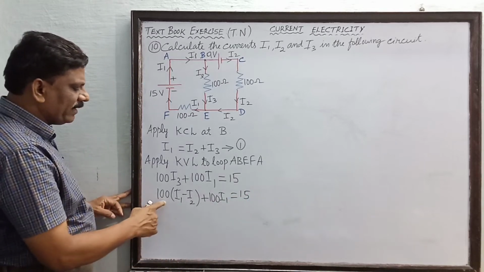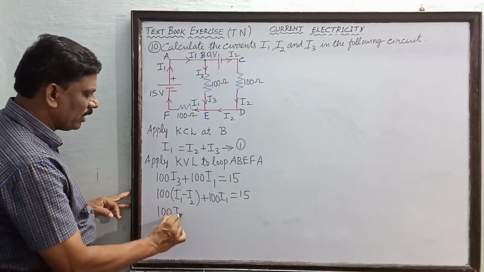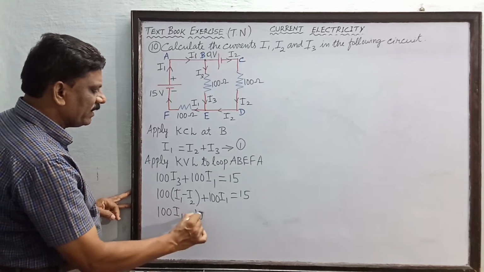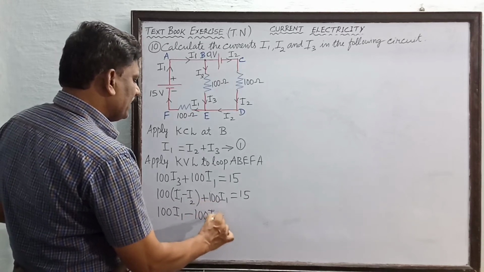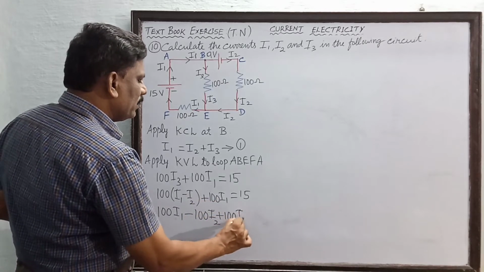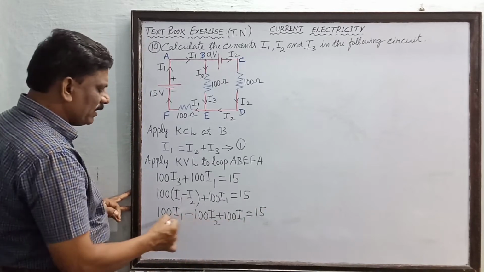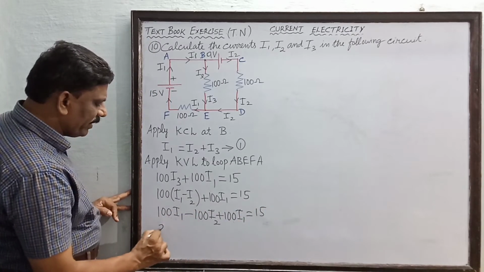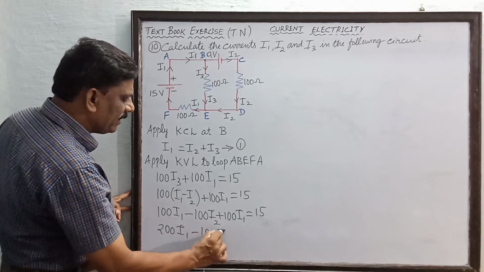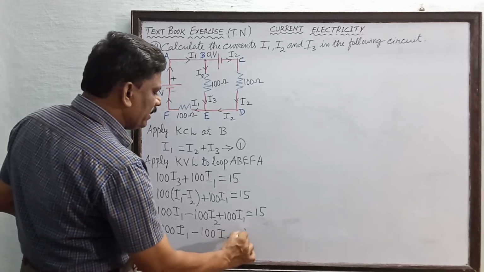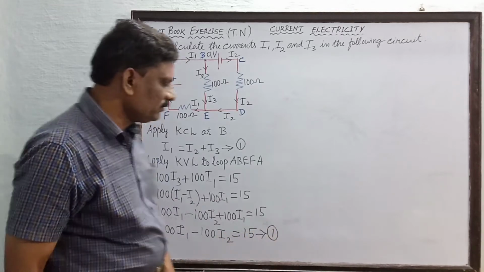So open the bracket, it is 100 into I1 minus 100 into I2, plus 100 into I1 is equal to 15. So 100 I1 plus 100 I1 will become 200 I1 minus 100 I2, and that is equal to 15. So this is equation 1.